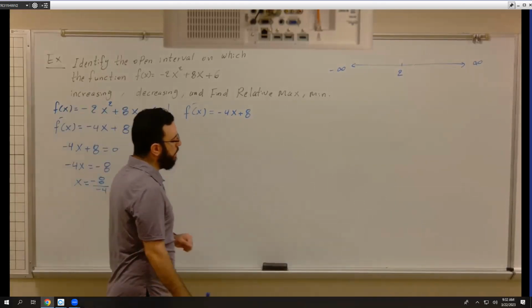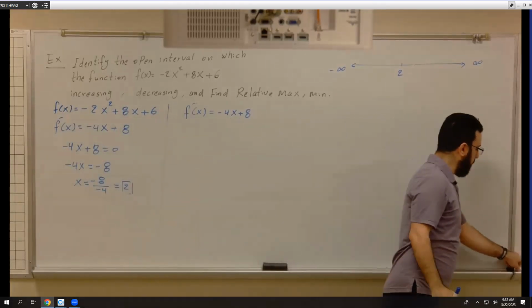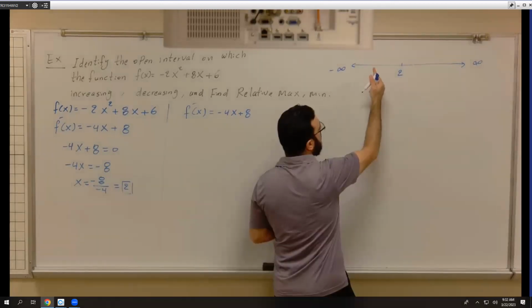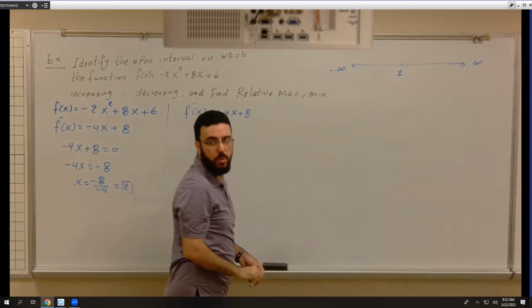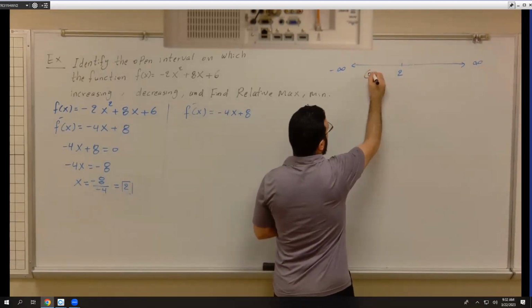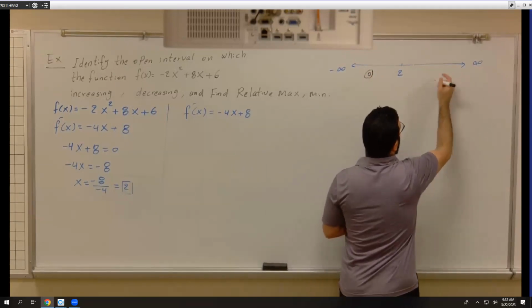Now choose any number less than 2. I can choose 0 or negative 1; it's up to you. The easiest one is 0. And on the other side I can choose 3.